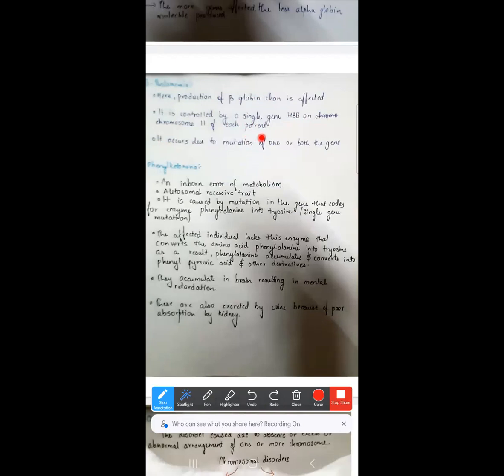Now, phenylketonuria. What is phenylketonuria? An inborn error of metabolism, that is, the error is present since birth. It is an autosomal recessive trait. It is caused by a single gene mutation in the gene that codes for the enzyme converting phenylalanine into tyrosine.